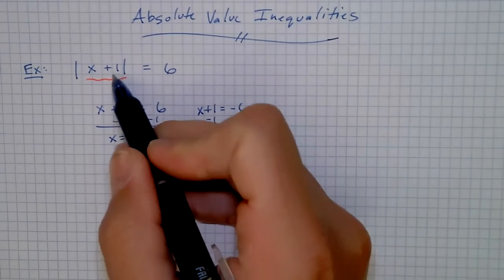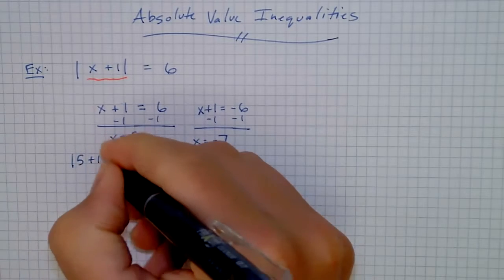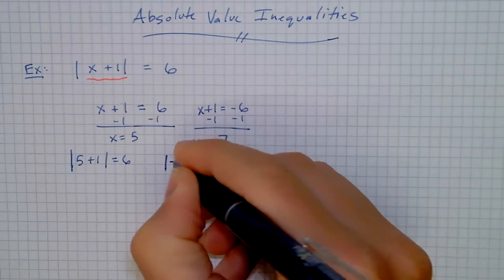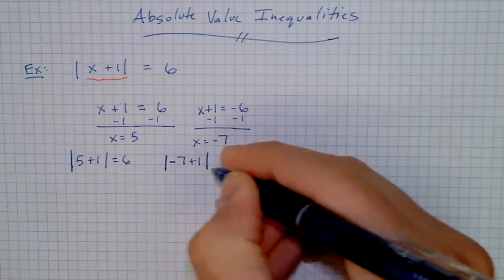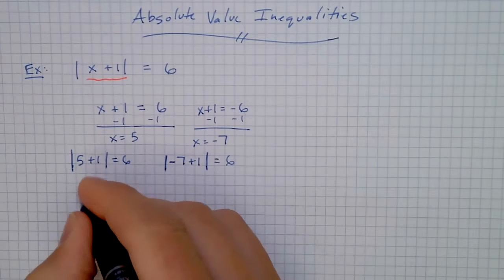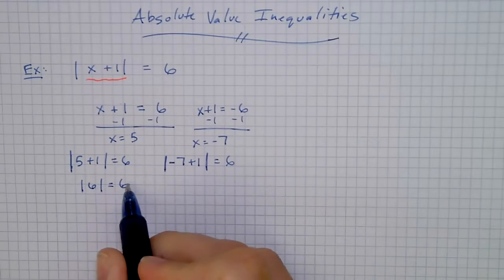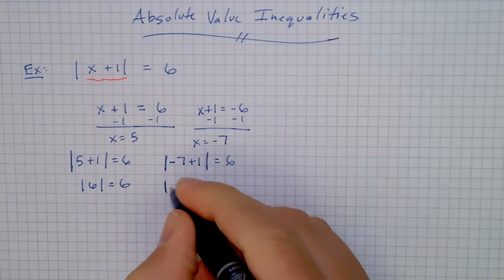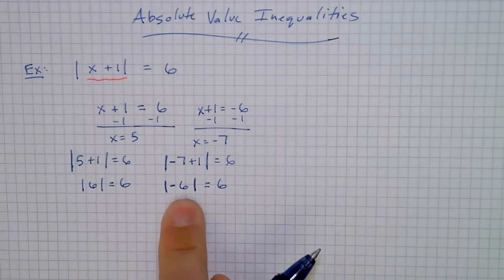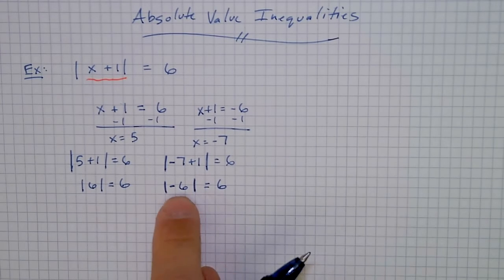If we wanted to plug them back in to double check, we get the absolute value of 5 plus 1, and then the absolute value of negative 7 plus 1. This one's obvious: the absolute value of 6 does equal 6. But then, does the absolute value of negative 6 equal positive 6? Yeah.